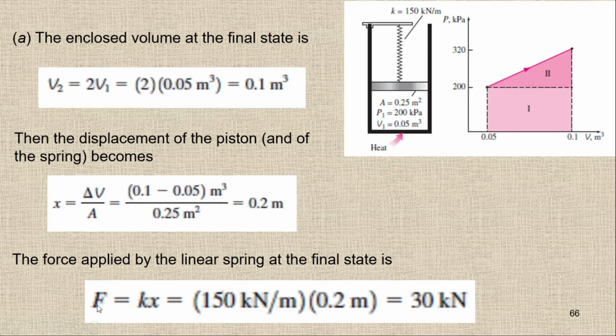If we have the force of the spring, then we can say that there is an increase in the pressure due to this spring, and we can easily find the pressure value. How can we find it? If you know the force and the area as well, the pressure is force per unit area. With the help of force per unit area, you can find the additional pressure.